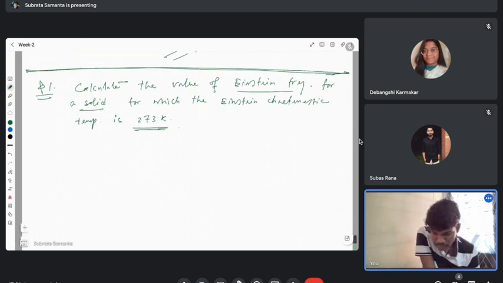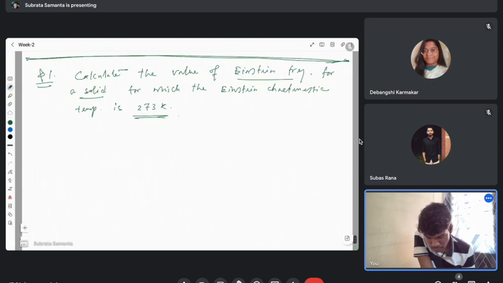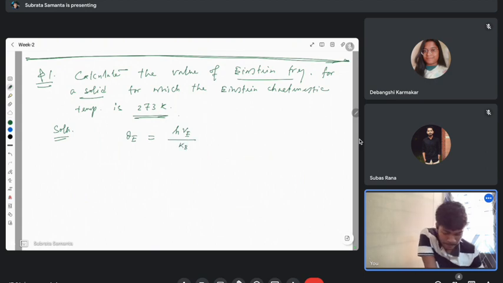What do we know? The Einstein temperature theta E is h nu E by k_B. This is the Einstein temperature, and nu E is the Einstein frequency.